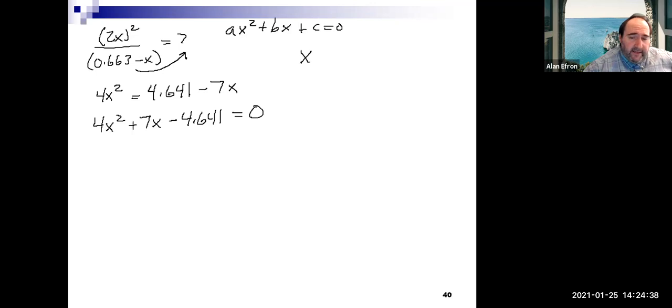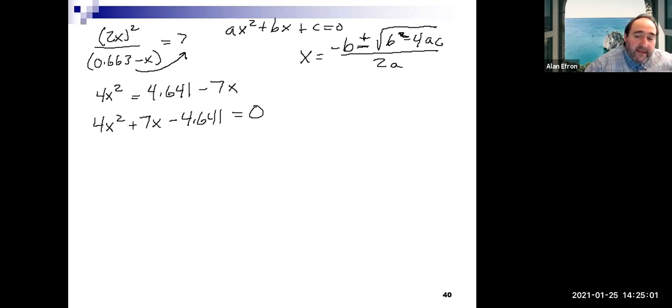To remind everybody, that is x is equal to minus b plus or minus the square root of b squared minus 4ac, divided by 2a. A couple of things about our quadratic here. You obviously do get two answers when you use the quadratic formula, one where you do the positive and one where you do the negative.